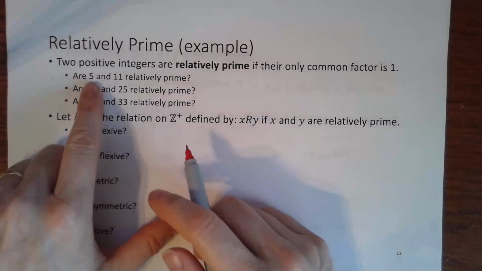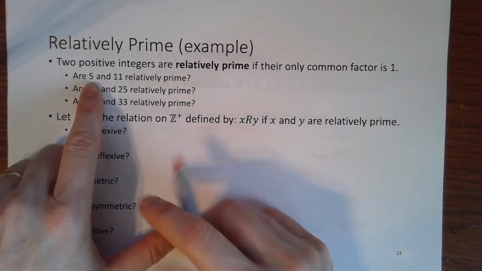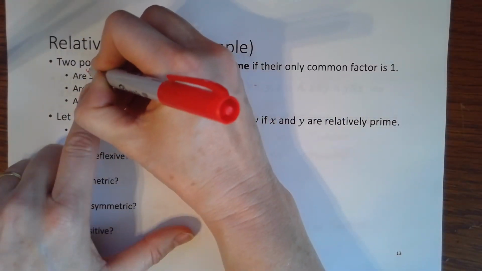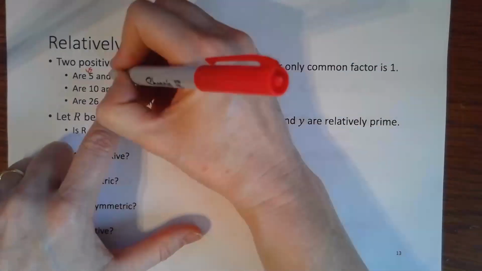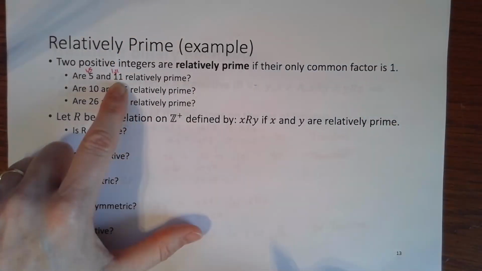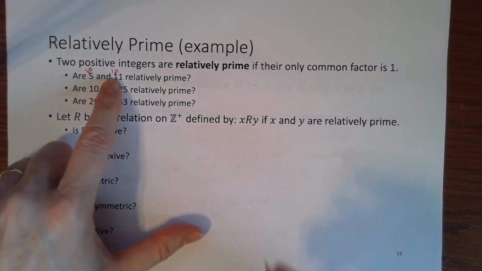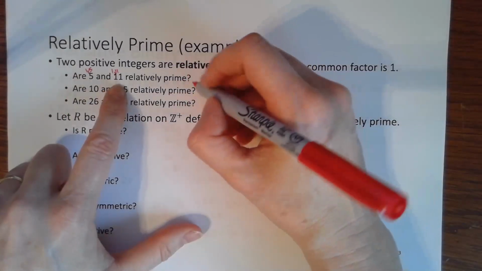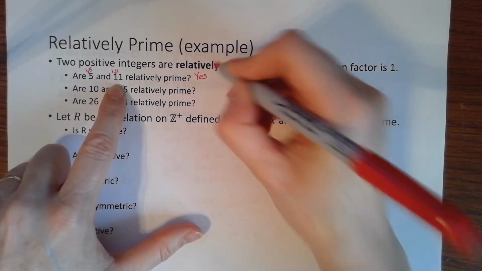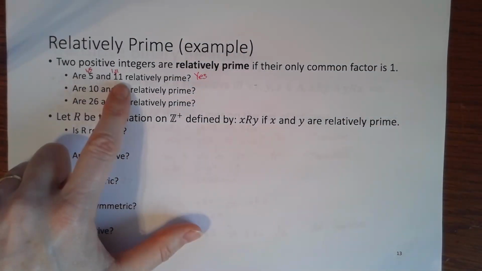Okay, so the factors of 5 are just 1 and 5. The factors of 11 are just 1 and 11. So their only common factor is 1. So 5 and 11 are relatively prime. They're also both prime, so maybe it makes sense that they're relatively prime.